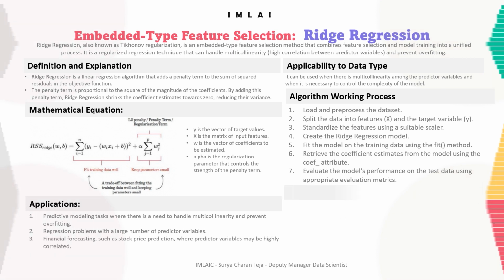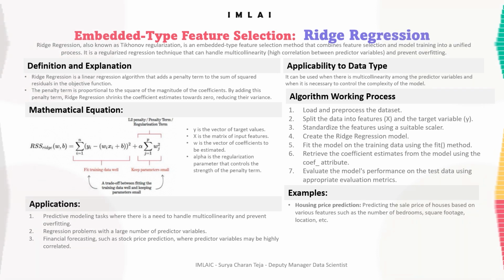Now let's look into some of the models that we can build where ridge regression comes to our rescue. The first one is housing price prediction, predicting the sale price of houses based on various features such as the number of bedrooms, square footage, location, etc. Then we have customer churn prediction, predicting whether a customer is likely to churn, stop using a service, based on their demographic and behavioral features.